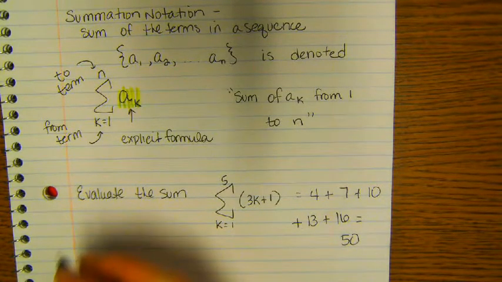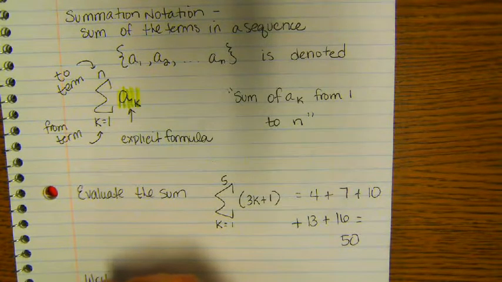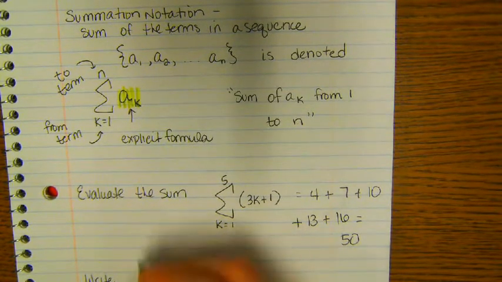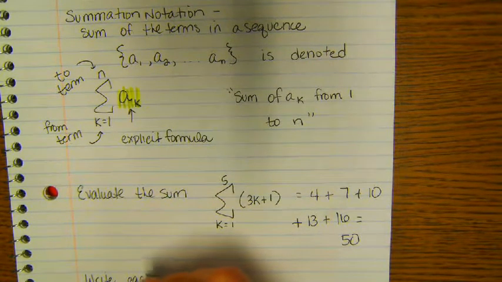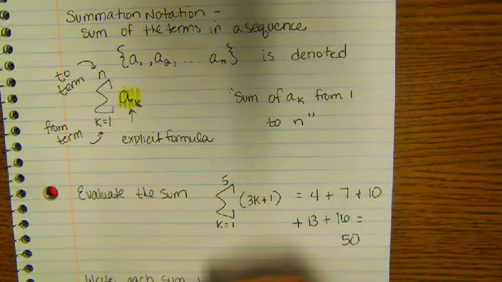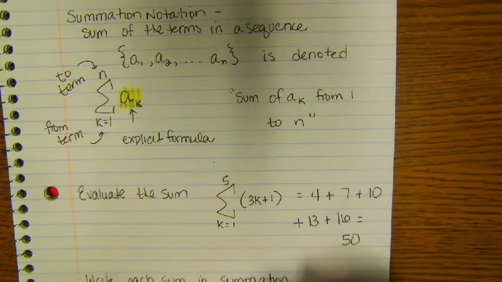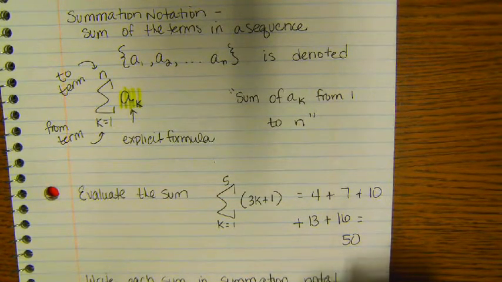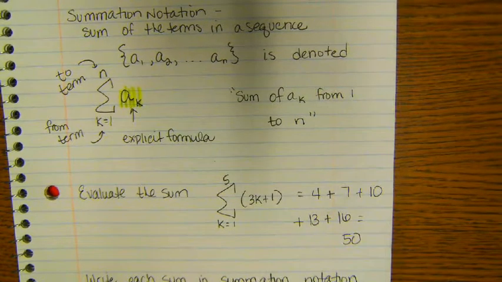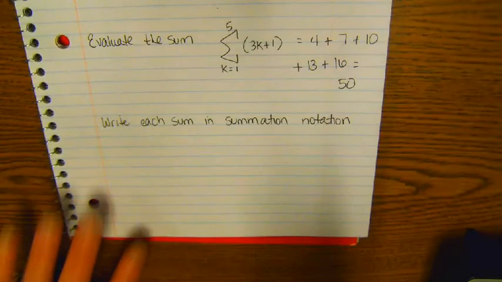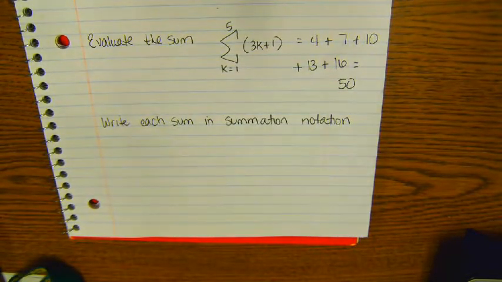So let's write each sum in summation notation. And notice, did I say to find the sum here? No, we're just practicing writing them, okay? So we're going to practice writing a couple of these in summation notation.